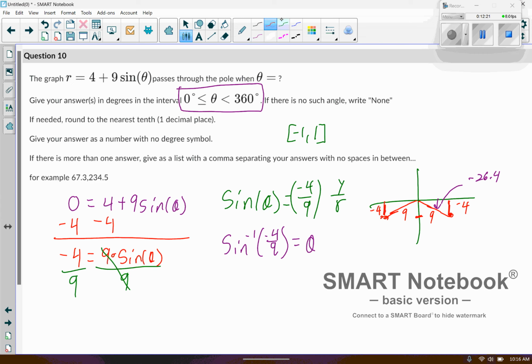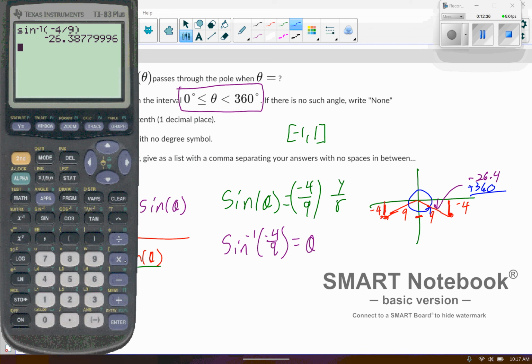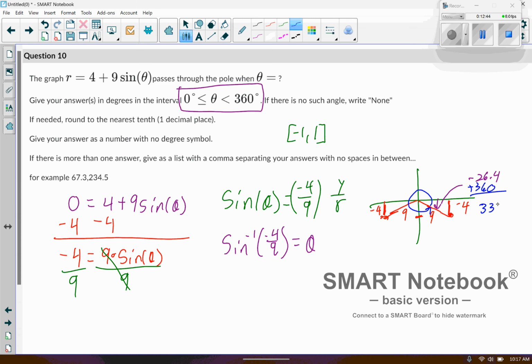So what I'm going to do here is start off by adding 360 degrees to this angle right here, and that should swing me around, and I should be in the proper parameters. So let's see. I'm going to add 360 to that. And so I'm going to get 333.6. So that's one of my angles.